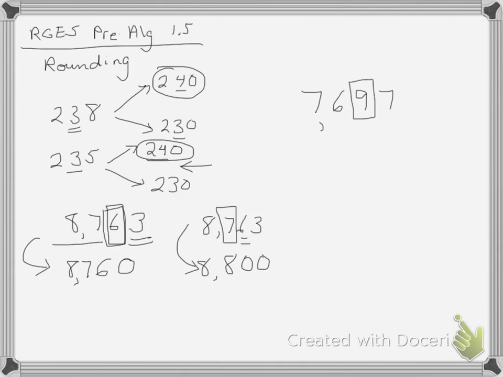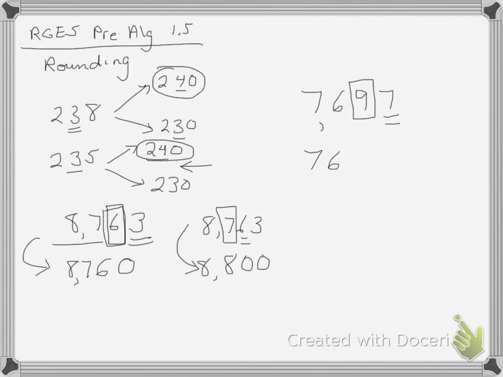Identify the tens place. Normally I would say copy everything to the left, which is probably not my best order, because what happens when I get to the 9? Do I round the 9 up? And the answer is yes. Why? Because the number immediately to the right is 5 or greater.